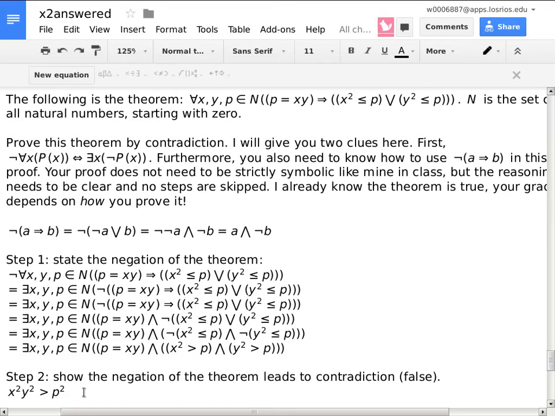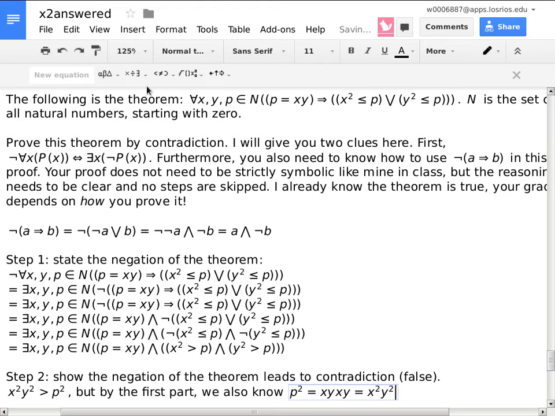So we know this one is true, but by the first part, we also know, because the first part is saying p does equal xy, right? So in that case, if you square both sides, what do you get? We also know that p squared is xy squared, which is x squared y squared.